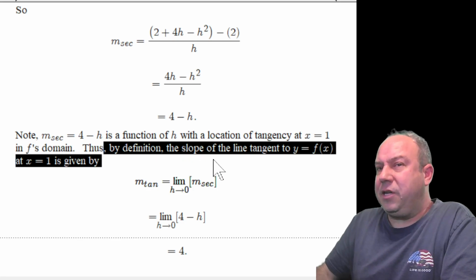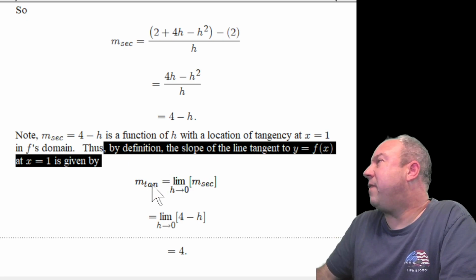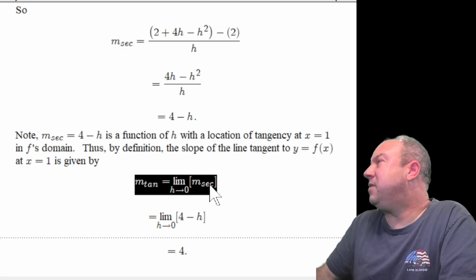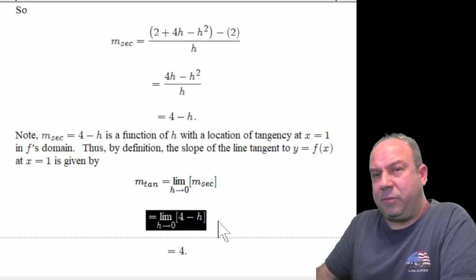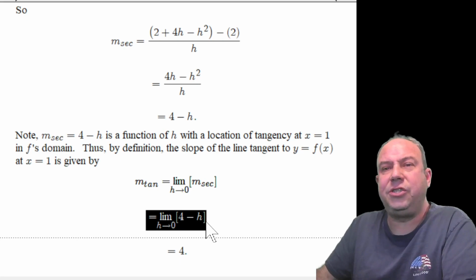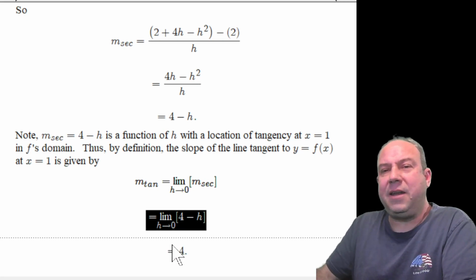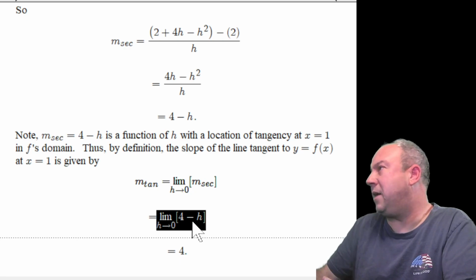So by definition, the slope of the line tangent to y equals f of x is going to be the limit as h heads to 0 of the slope of the secant line, which is the limit as h heads to 0 of 4 minus h. And what's the limit as h heads to 0 of 4 minus h?